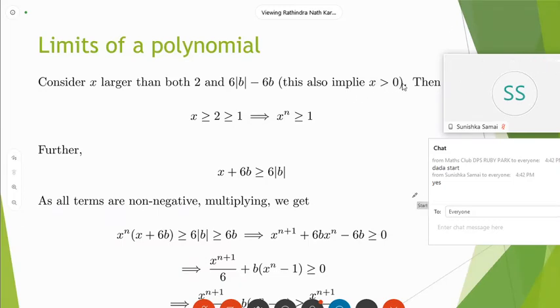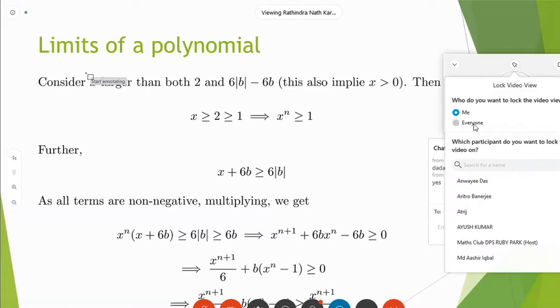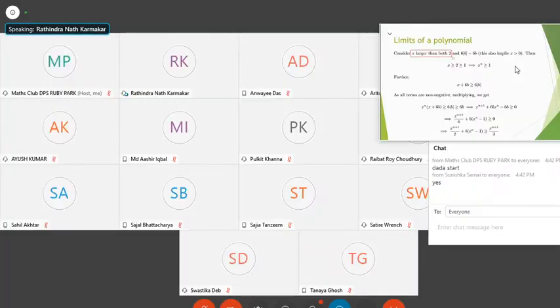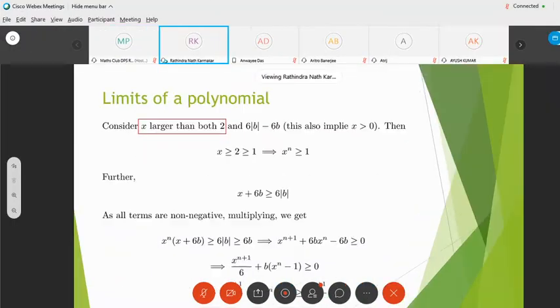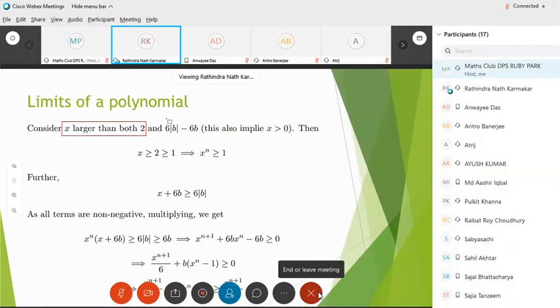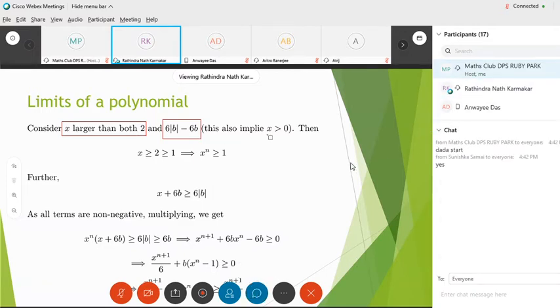Okay, so initially what we were doing is we had considered x larger than 1 and 2. So now in order to prove the previous inequality, let us make another relaxation. So consider x larger than both 2 and 6 mod b minus 6b.